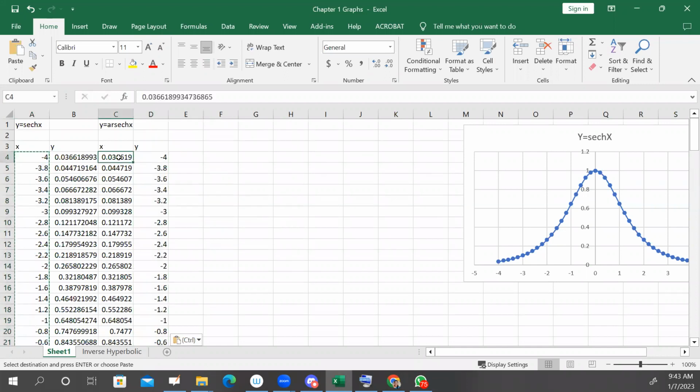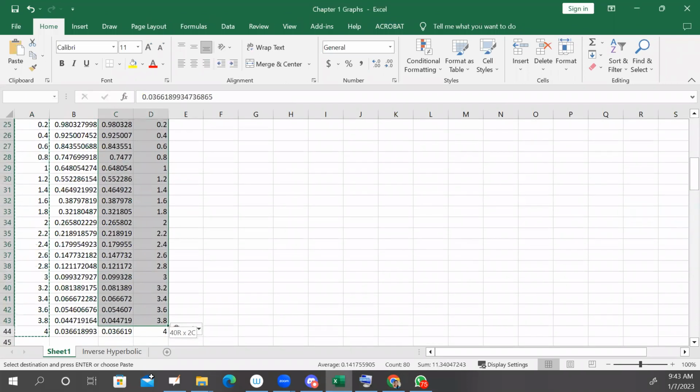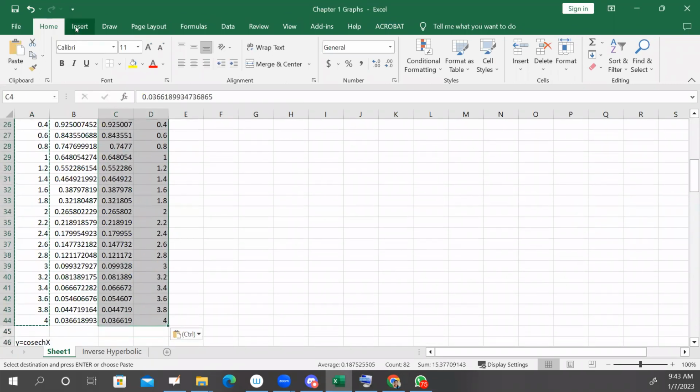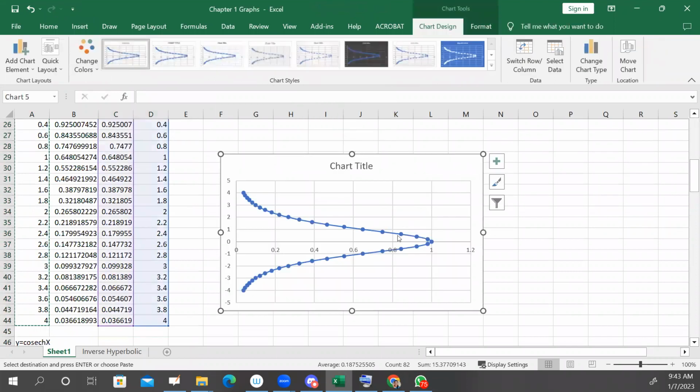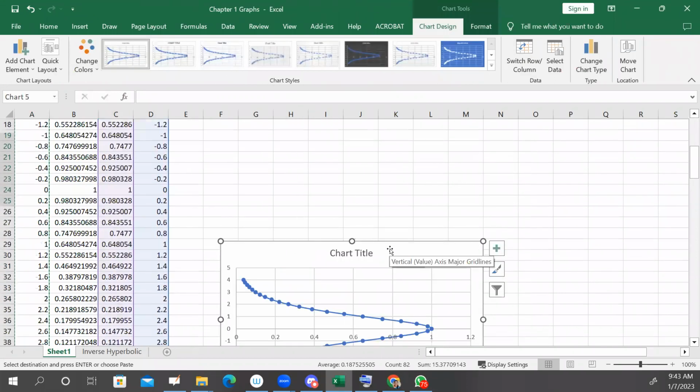Okay, so let's draw the graph now for arcsech x. Right, guys, can you see? So this is the graph.